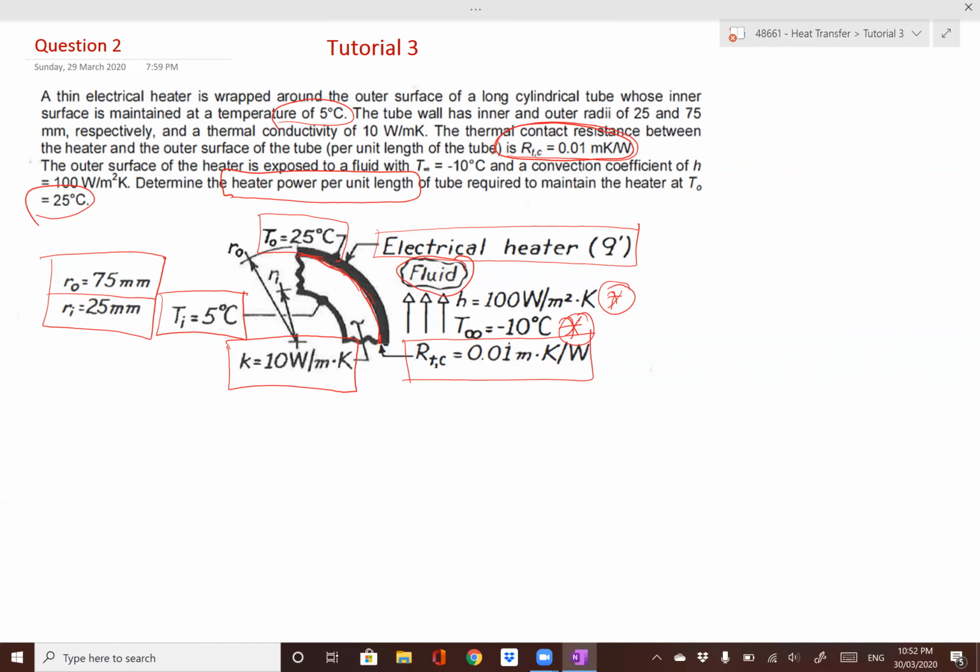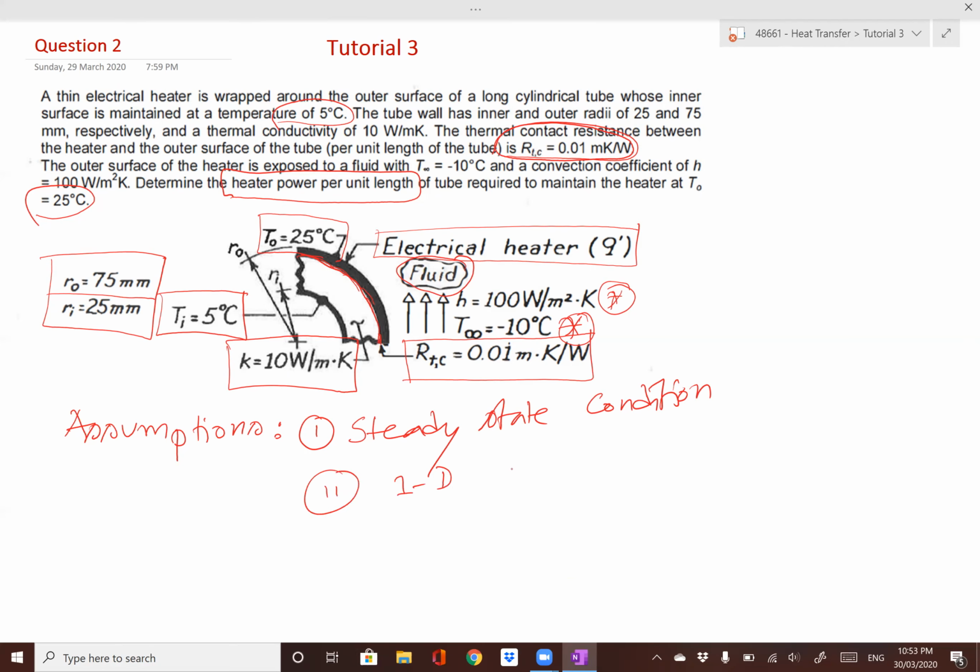This problem we will solve based on some assumptions. So the assumptions are: first, this is a steady state condition problem, and this is also a one-dimensional conduction problem.